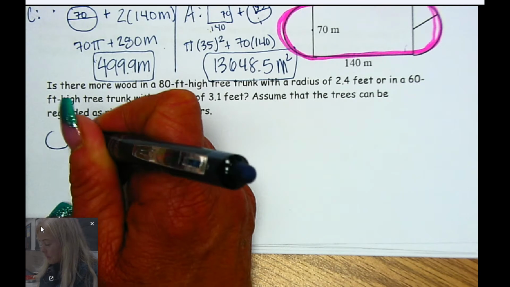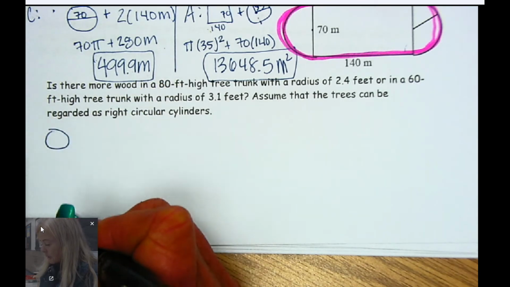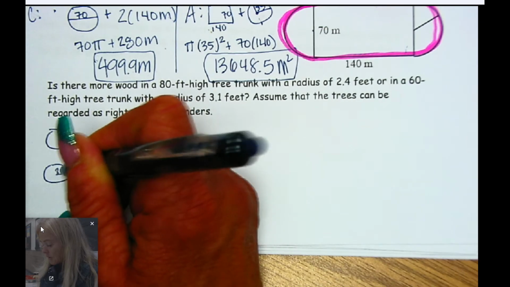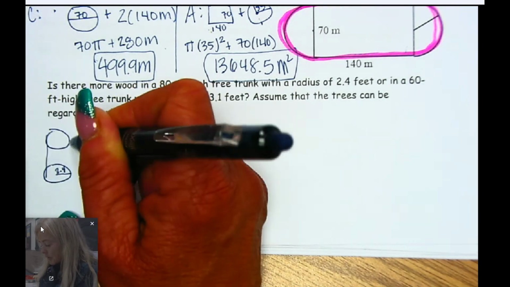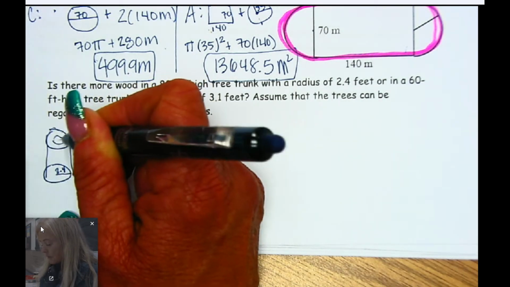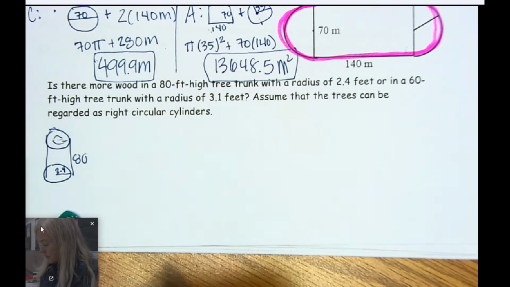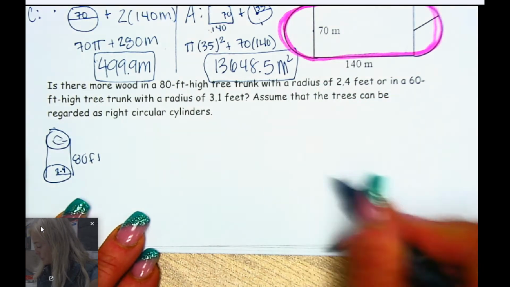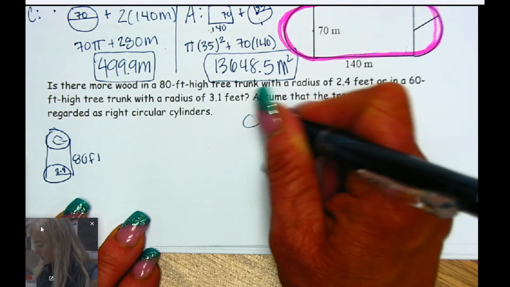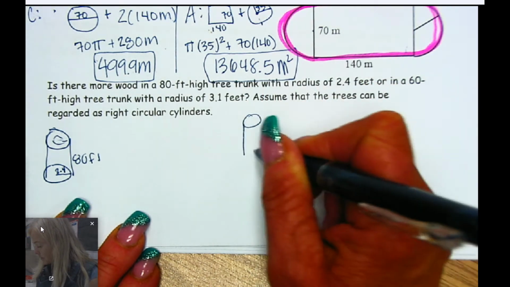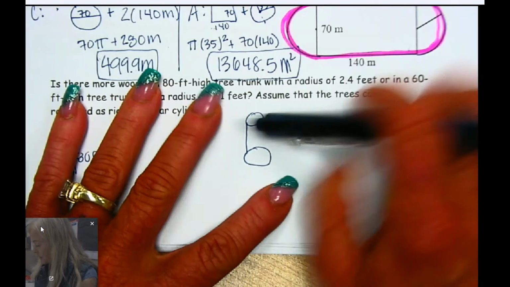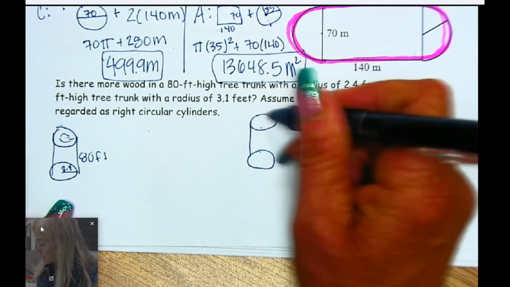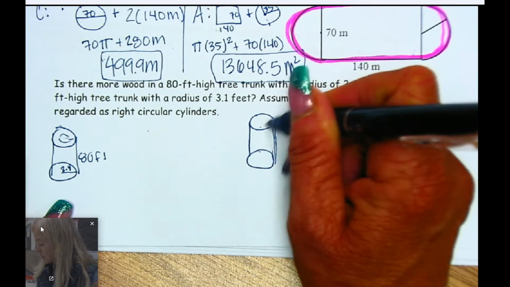So we have a radius of 2.4 and a height of 80 feet. And then we also have a second tree that is, I should do a bigger one with a bigger radius, if I'm going to be true to the form here, because the radius is a little bit bigger in this.